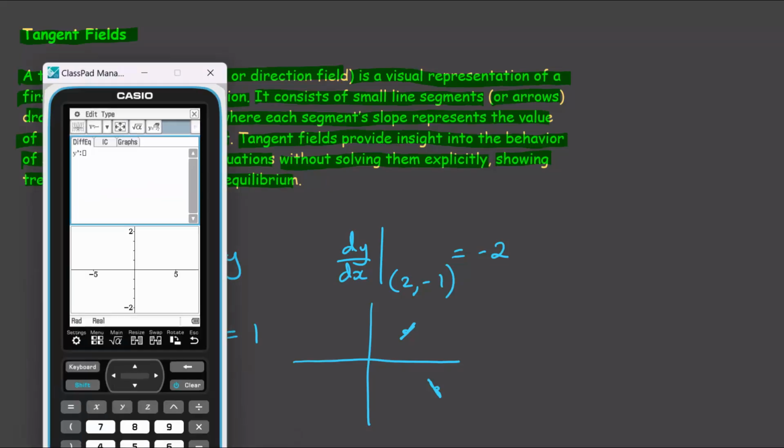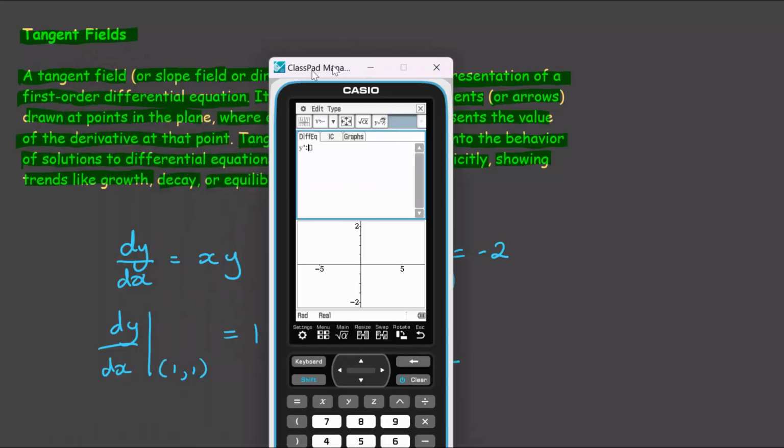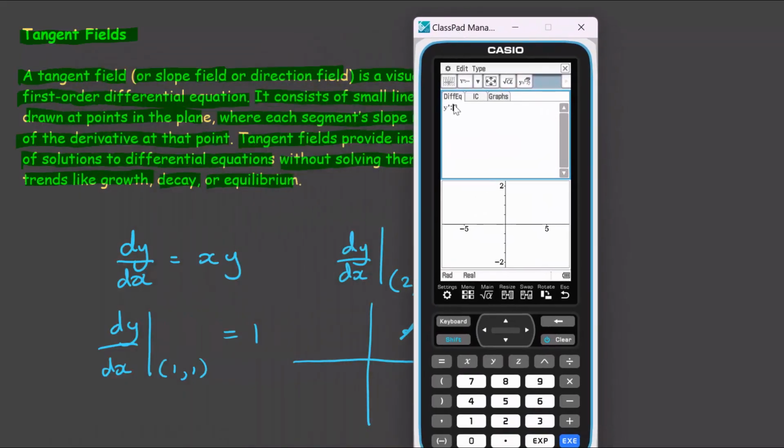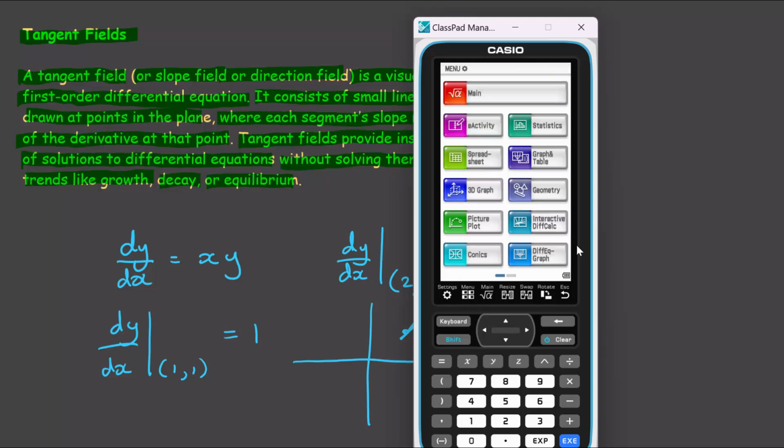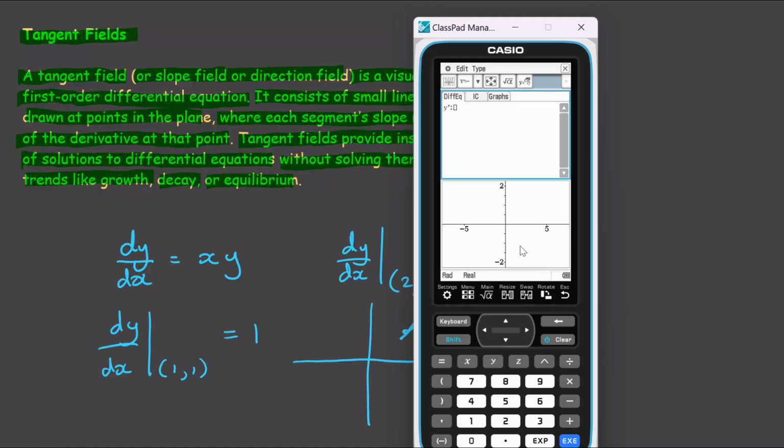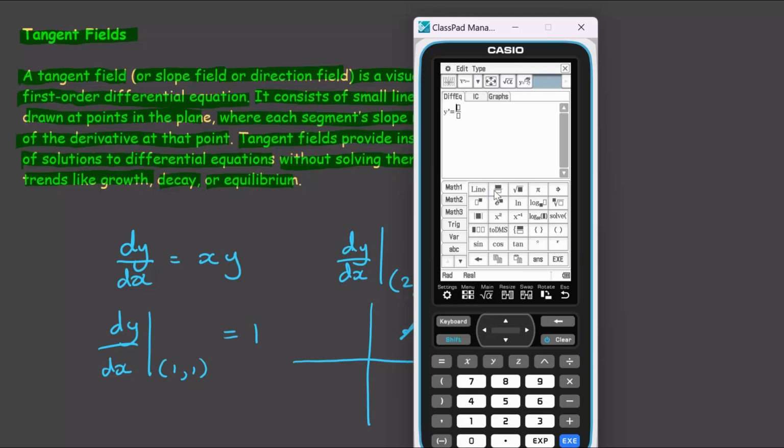So we could look at this because you can actually do it on the ClassPad. If I just go to menu, the one that you want here is differential equation graph. And then you can type the equation in up here. For example, we could put x divided by y. And execute.